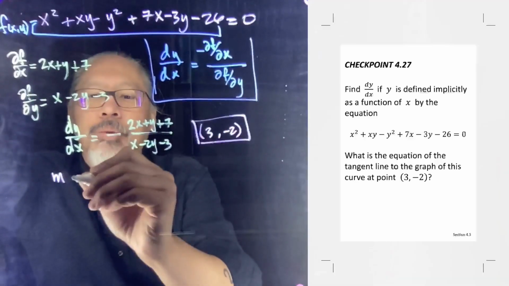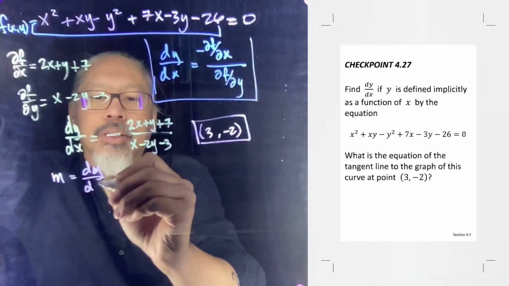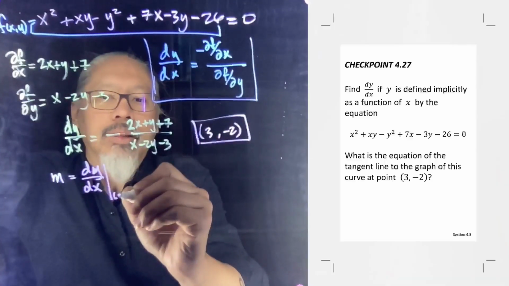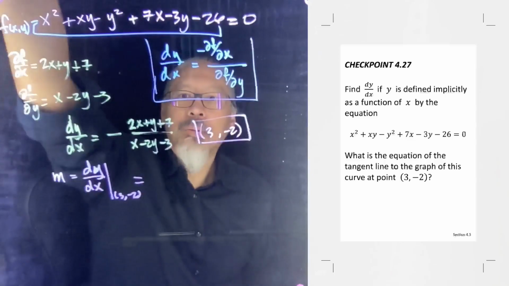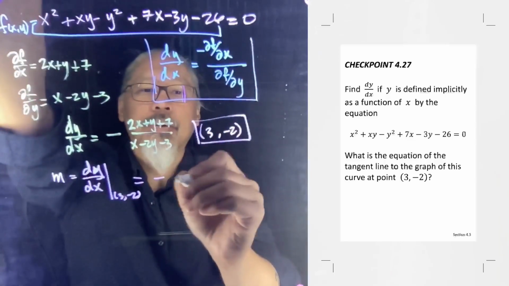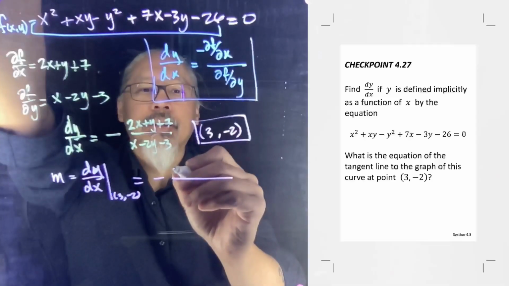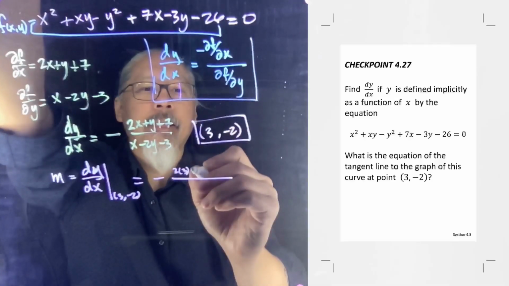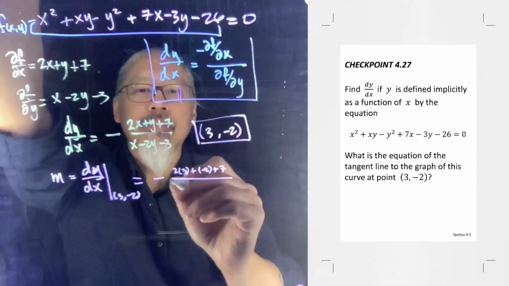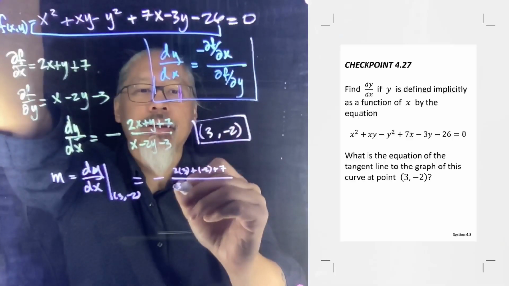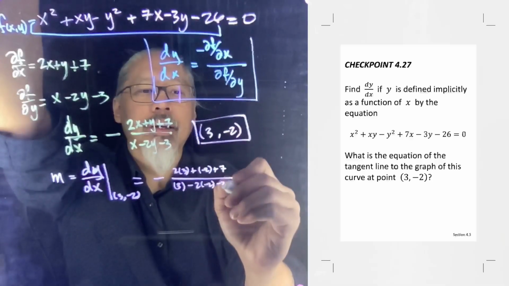And the slope will be given to us by the derivative, which we found, evaluated at (3, -2). X is equal to 3 and y is equal to negative 2. So we have a negative sign. Let's put a 3 in for x, 2 times 3, and a negative 2 in for y. And then here we do the same thing, 3 in for x, negative 2 in for y.